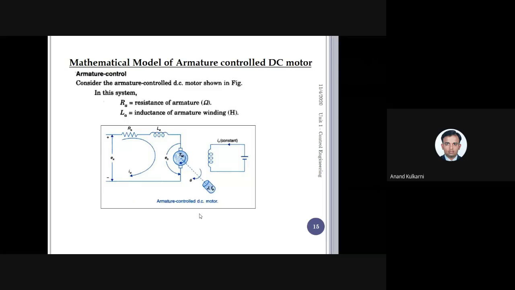When the electromagnet is used, there is a separate power supply for that field winding, that is, for that magnet. Whereas the armature winding is the one which is going to rotate. In an AC induction motor, the induction takes place automatically in the armature, and naturally for the armature there is no power supply.